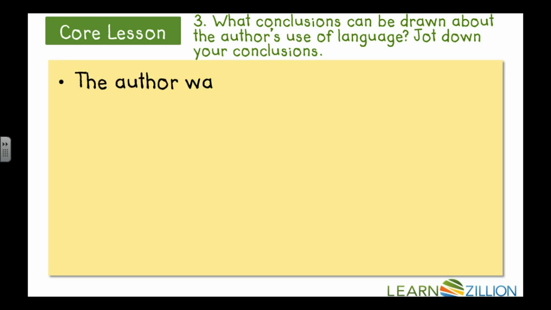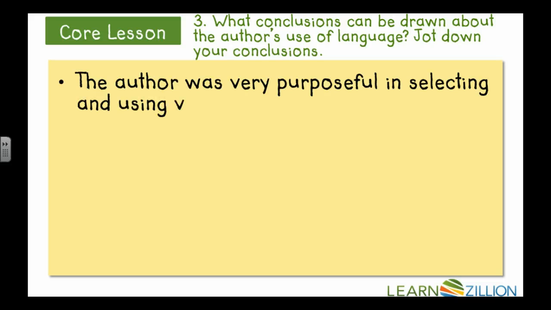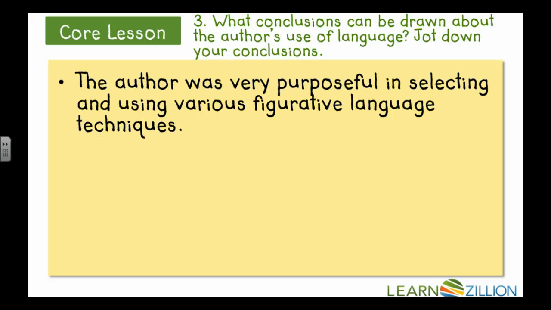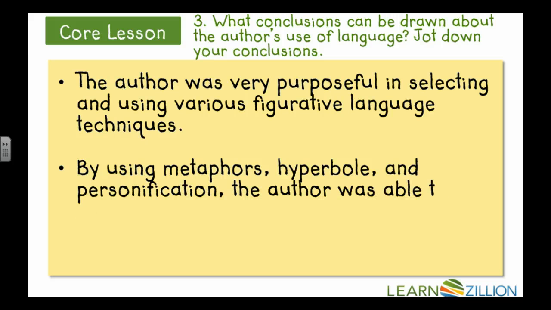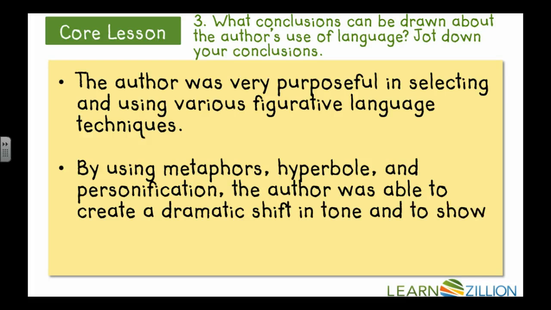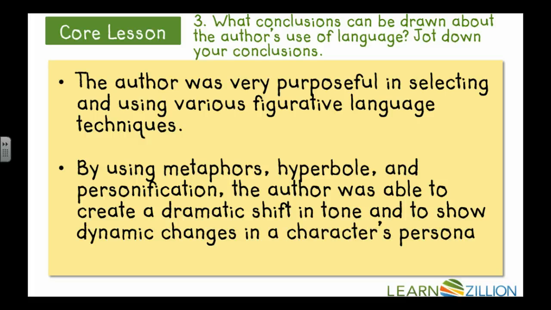First, I feel that he was very purposeful in selecting and using various figurative language techniques to achieve his purpose as an author. Second, by using figurative language, metaphors, hyperbole, and personification, Douglass was able to create a dramatic shift in tone and show dynamic changes in a character's personal perspective.